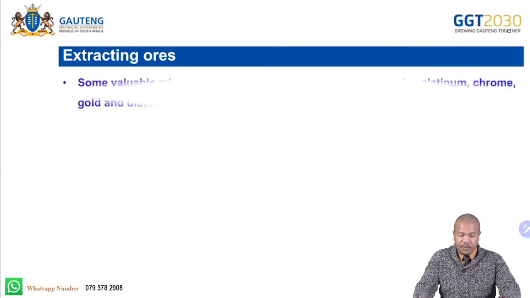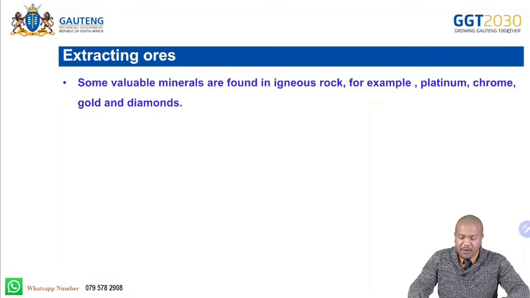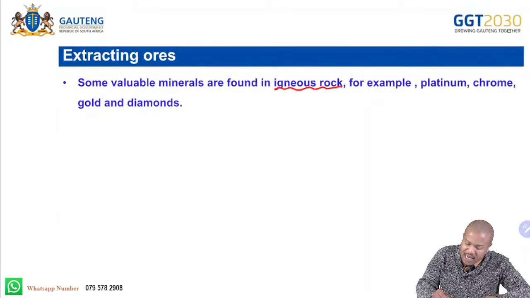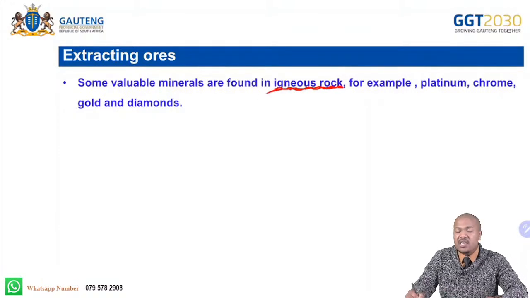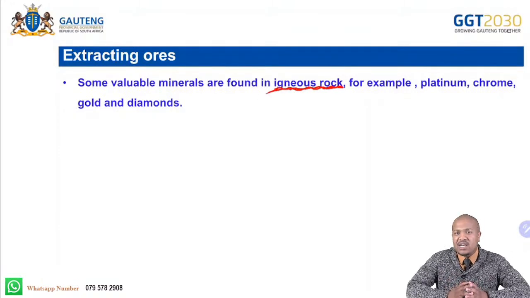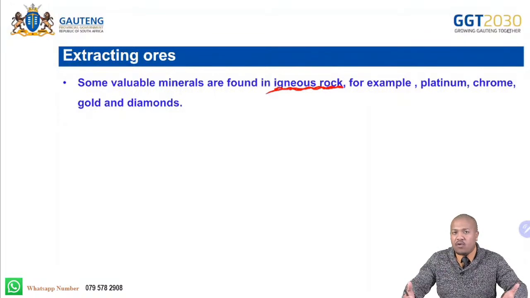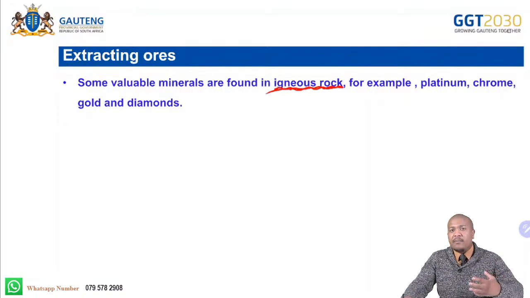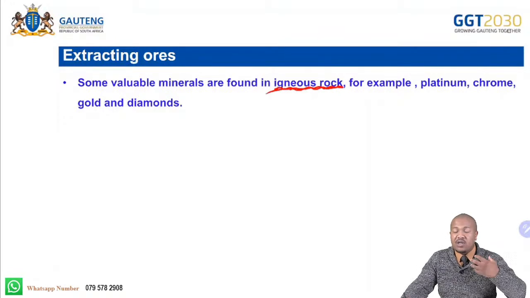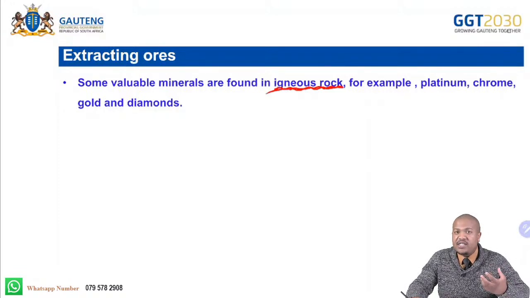Right. So now, some valuable minerals are found in igneous rock, right? Remember the formation of igneous rocks? Igneous rocks form as a result of volcanic activities, right? When the magma solidifies, it forms such a rock, which is an igneous rock.